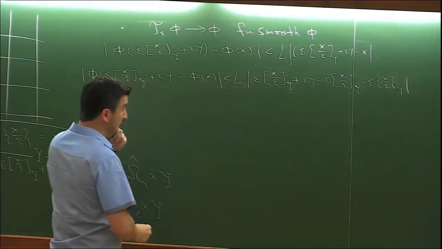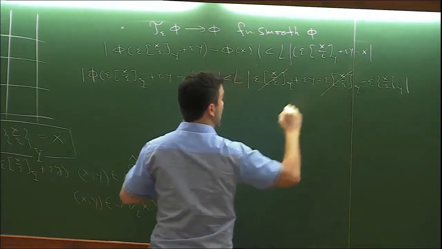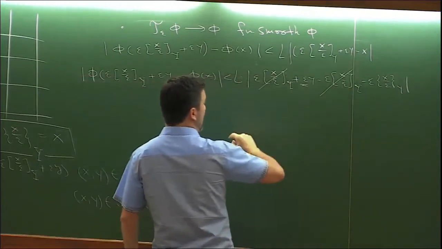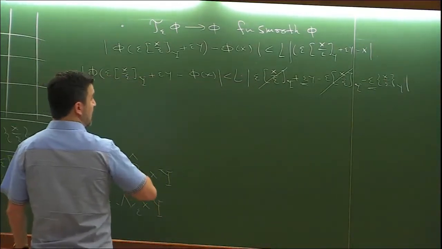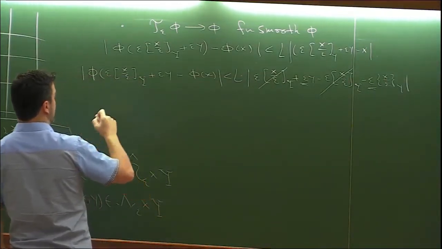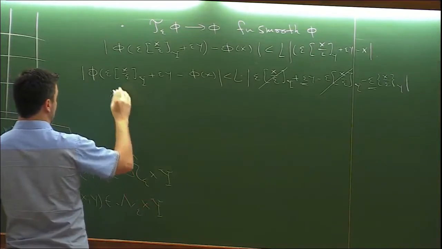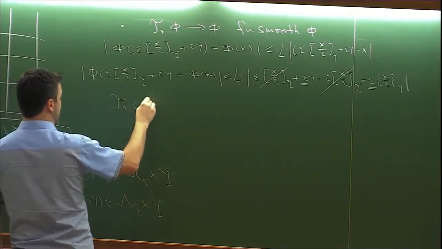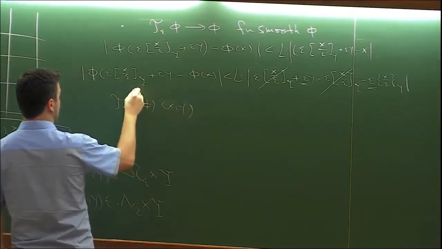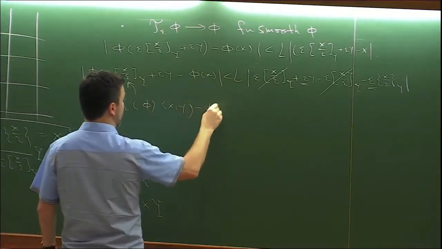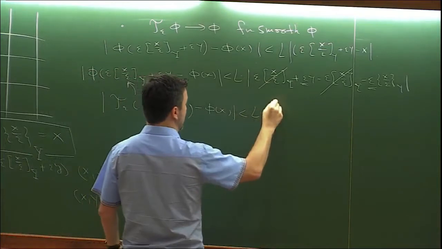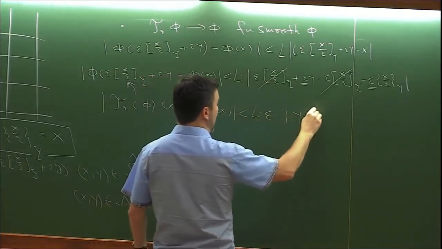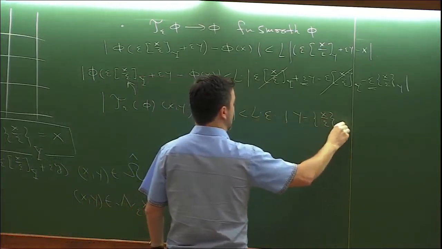Okay, so now here immediately you see that what's left is epsilon y minus epsilon times the fractional part of x over epsilon. So we have that whenever it is defined, T epsilon phi in x and y minus phi of x is less than L times epsilon times the absolute value of y minus the fractional part of x over epsilon.